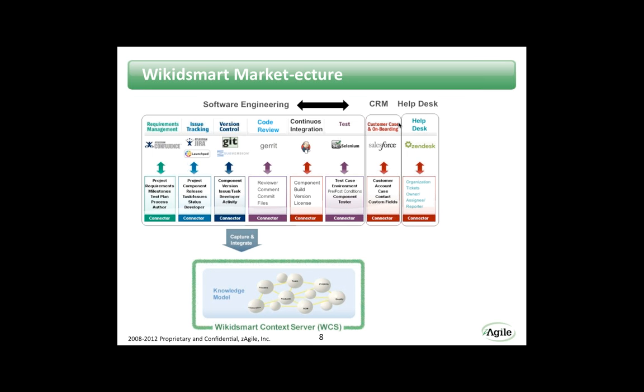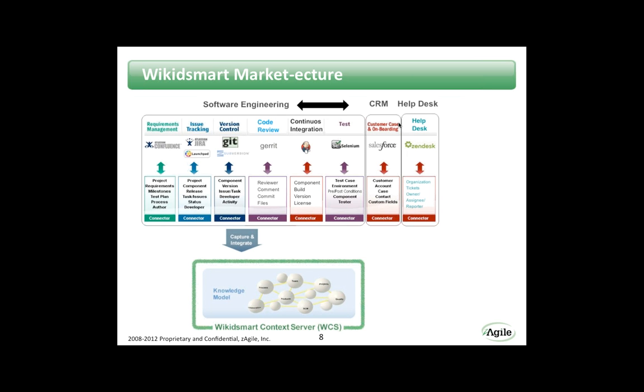If we look under requirements management and issue tracking on the upper left, we have connectors for Confluence and a connector for JIRA. And what happens is we're importing under requirements management: project, requirements, milestone, etc. And for issue tracking or task management, we're importing project, component, release, task, issue, etc.